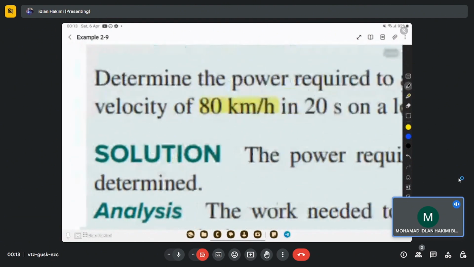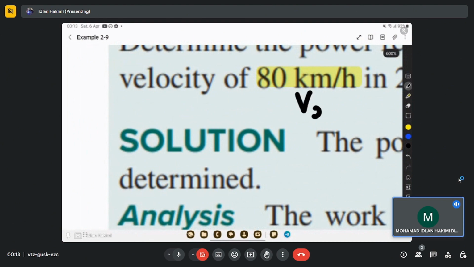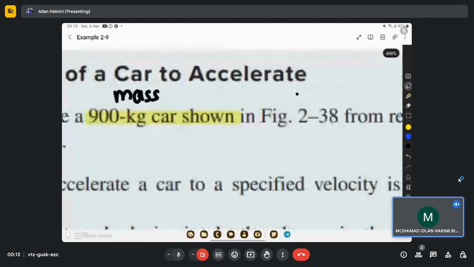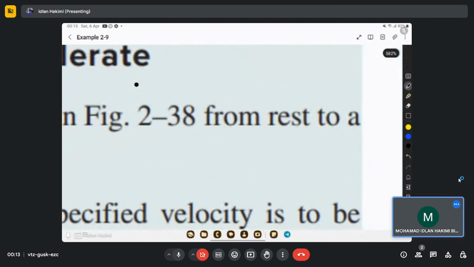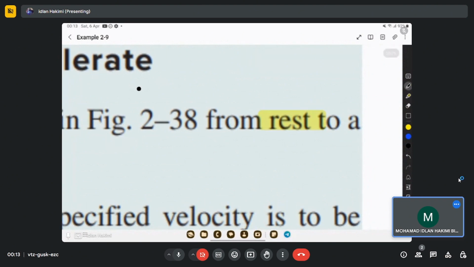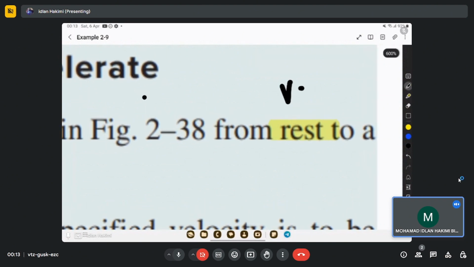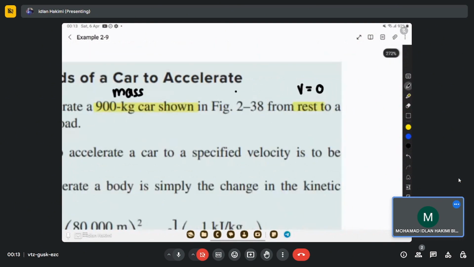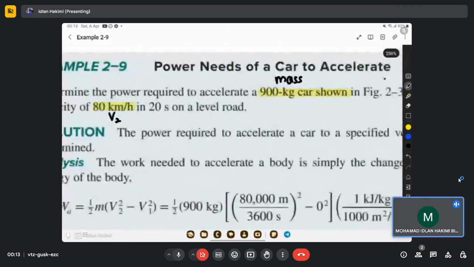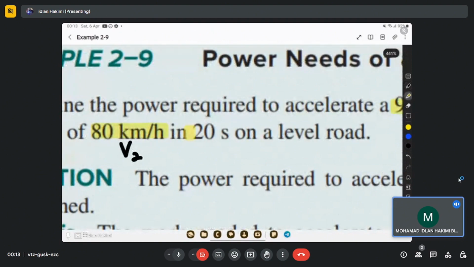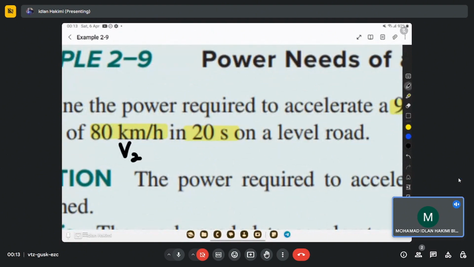This is V2, and this is V1, which is at rest, which means the velocity V equals 0, in 20 seconds, which is the time, on a level road.